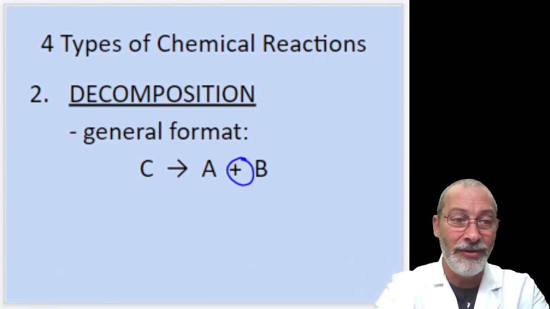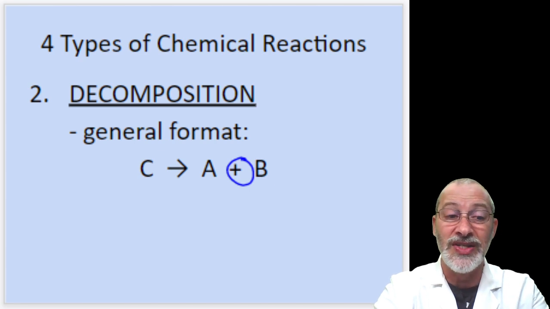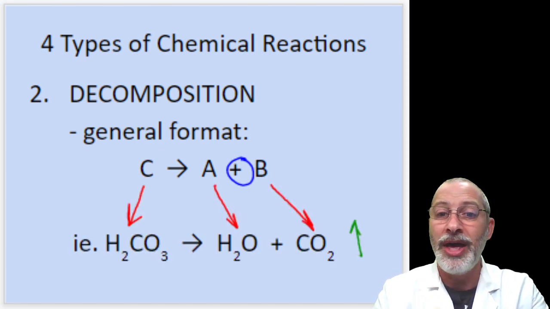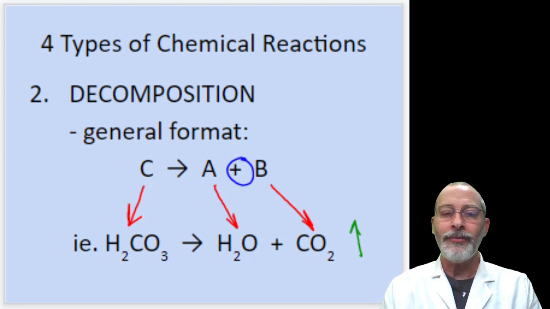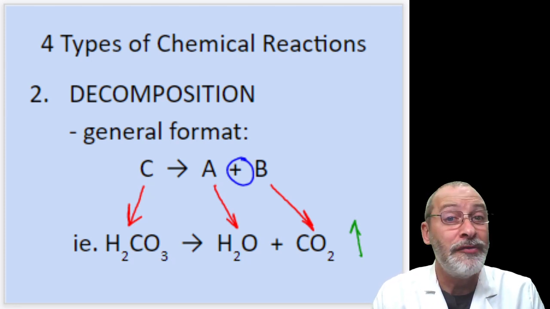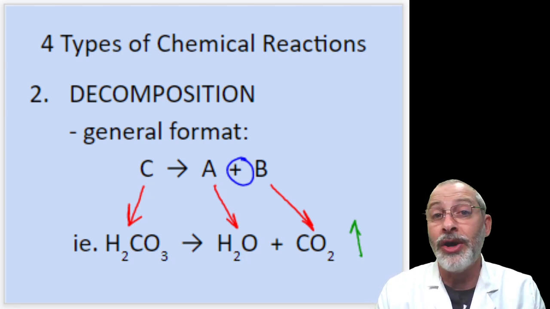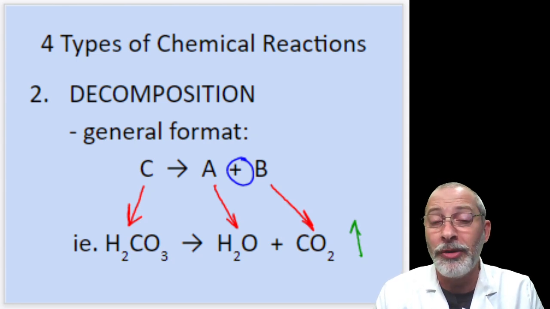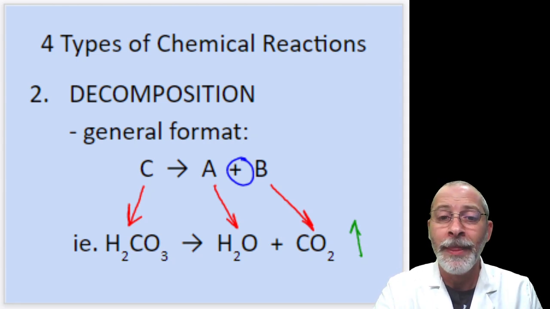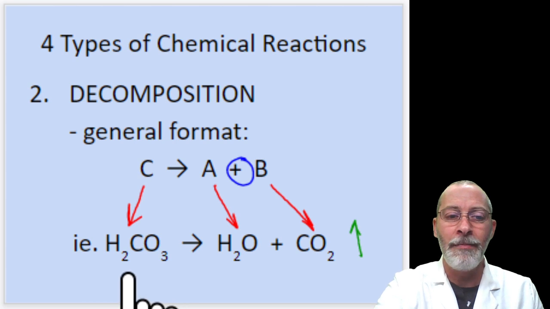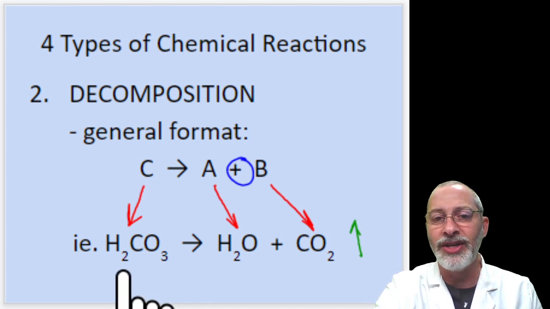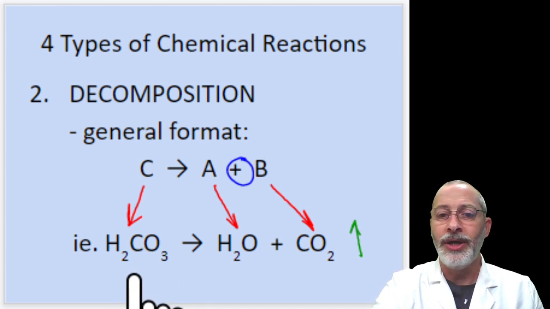So again, let me give you a specific example here to help you out. Here's a simple example you've seen this week already, and I'm sure you've seen it before. Maybe some of you have done it at home. But we're taking a more complex substance here known as, what is this?